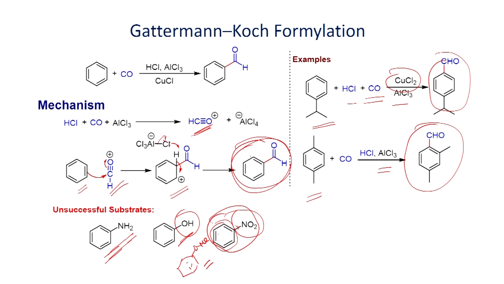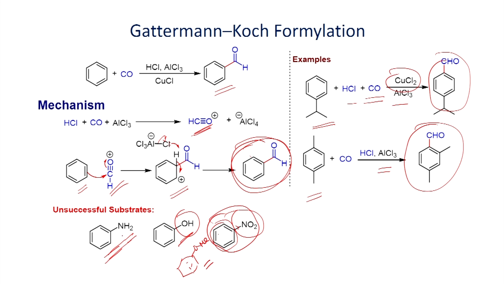In summary, as you can see here, in Gattermann-Koch formylation, benzene can be converted into benzaldehyde using carbon monoxide in the presence of hydrochloric acid and a Lewis acid like aluminum chloride, in the presence of copper 2 chloride, with moderate to good yields. They have some limitations.